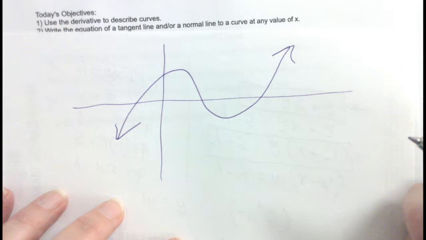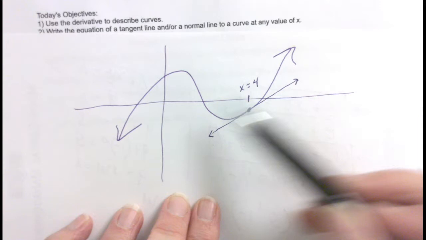But again, it's rare that you would be asked for the equation of the normal line. Most of the time, all we care about is the tangent line, the one that's flowing with the graph as it goes.